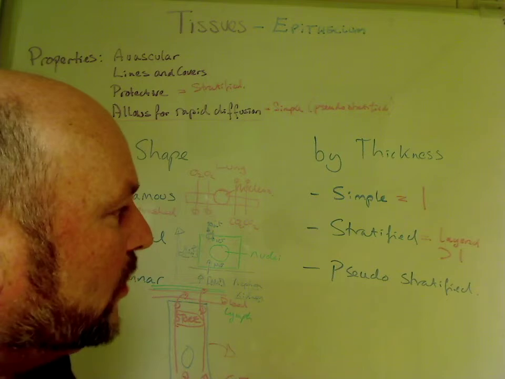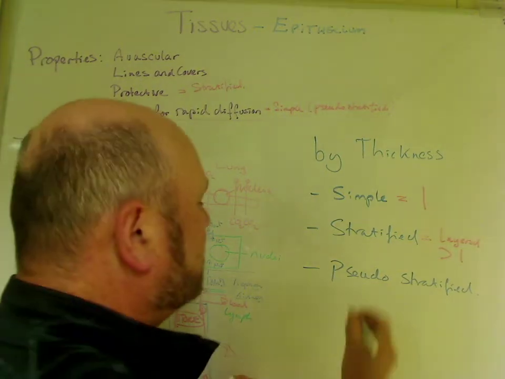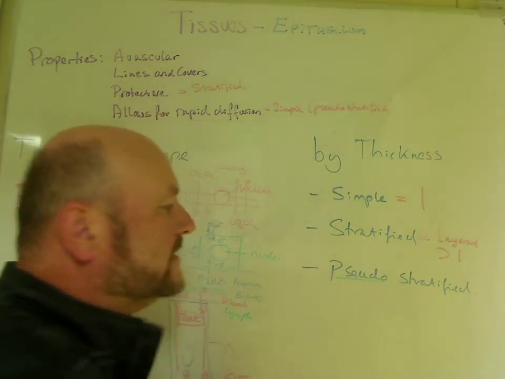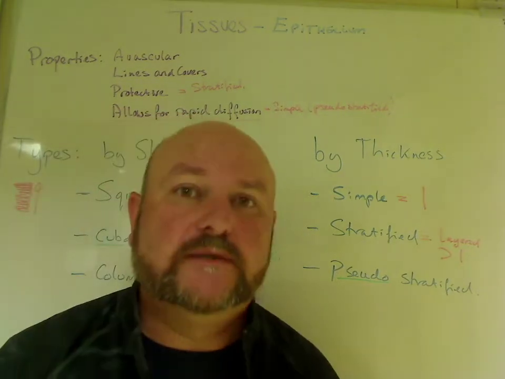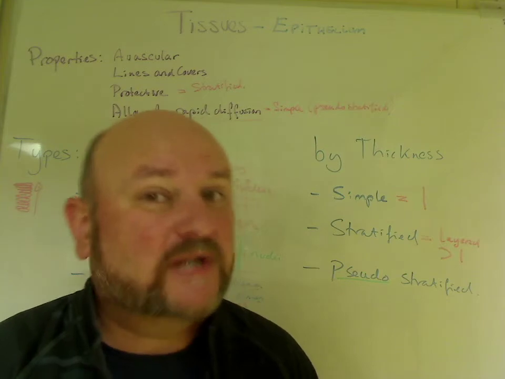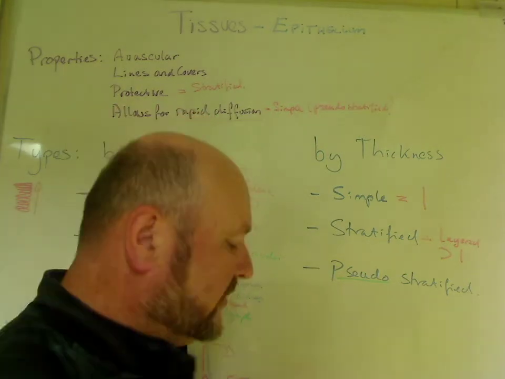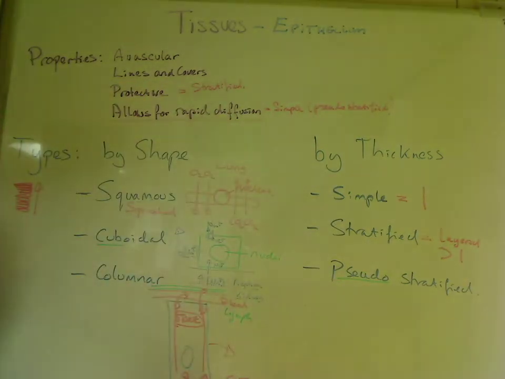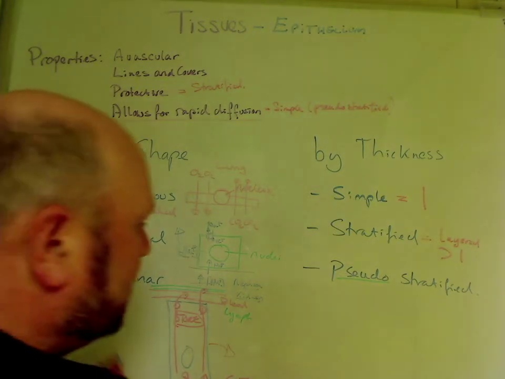Now, the word pseudo means that it looks like something without being it. So pseudo-stratified really just means it looks stratified, but actually it's simple. So if I draw this out, the classic example is pseudo-stratified columnar.